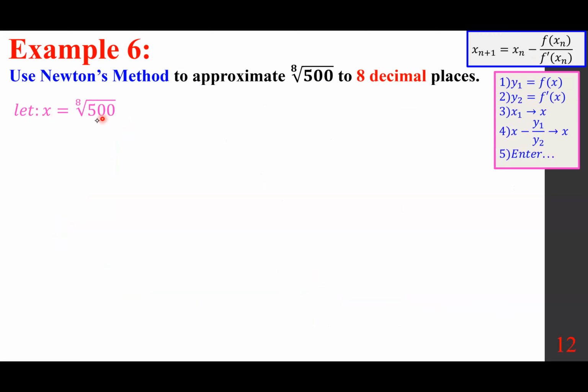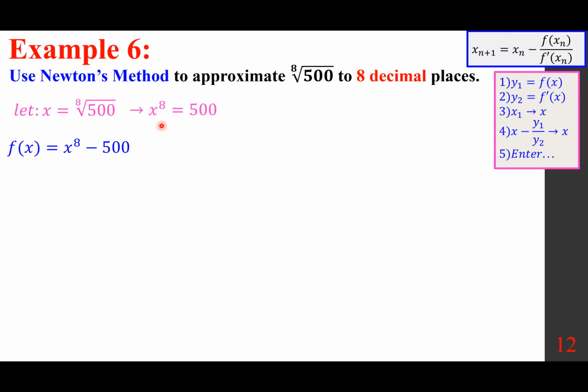If I raise both sides to the power of 8, I get x to the power of 8 equals 500. If I bring it to the same side, x to the power of 8 minus 500 is 0. Let f of x represent that.